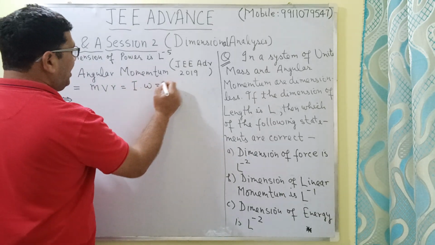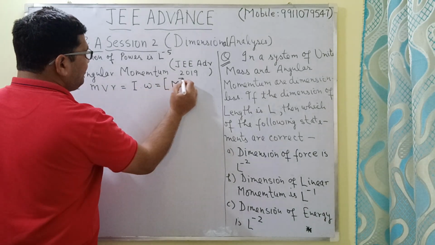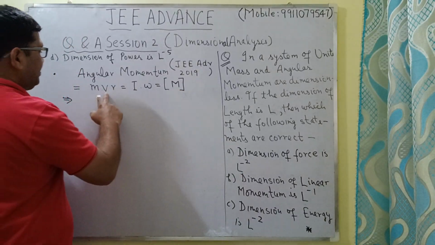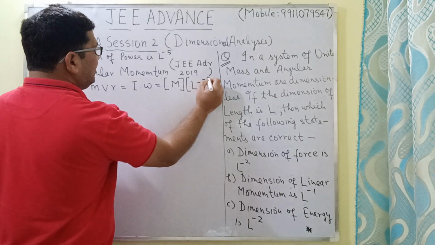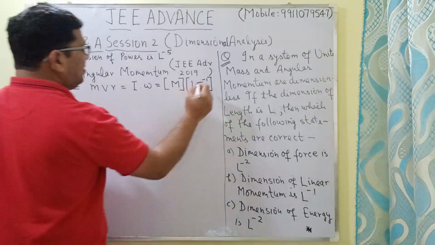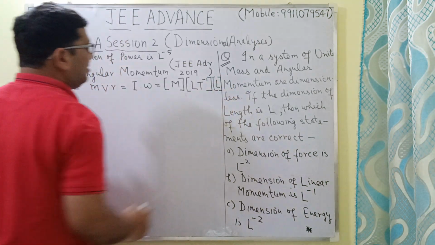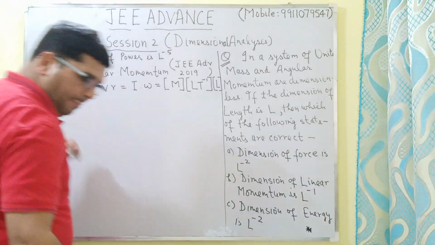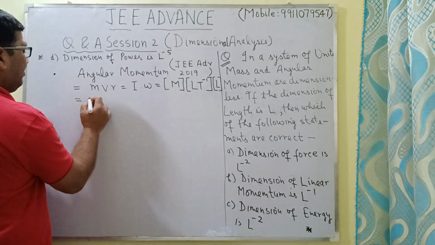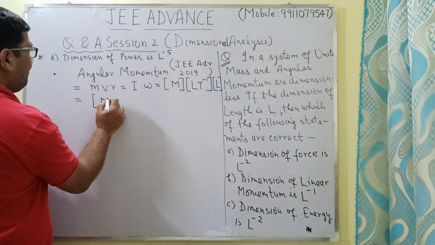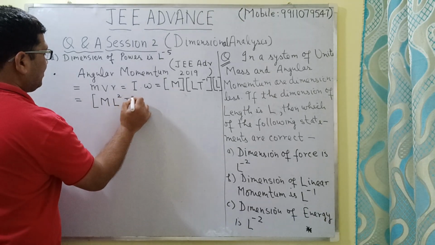I will be taking this formula now. See, the dimension of mass is M. The dimension of v, that is velocity, is equal to L T minus 1, okay. And the dimension of r, which is the radius, is also equal to L. So the dimension of angular momentum will be given by M L square T minus 1.